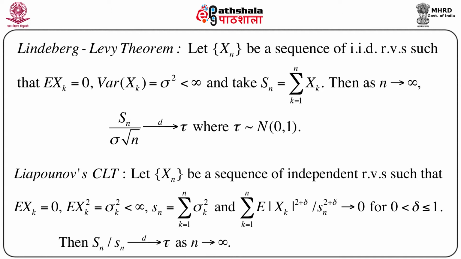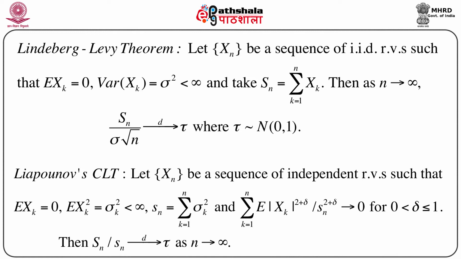Note that Lyapunov's CLT assumes the existence of a moment of order slightly higher than 2. But the important thing is that in the expression of the main theorem, that is, the normalized variable for which we are investigating the convergence in distribution, only sigma or sigma squared appears.